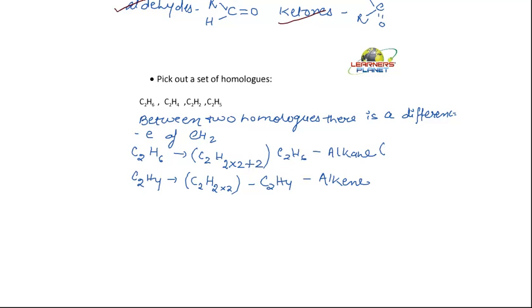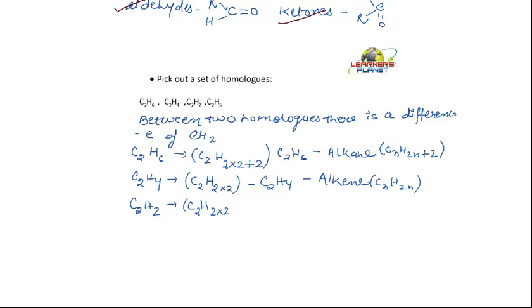The general formula of alkane is CnH2n plus 2. The general formula of alkene is CnH2n. And next is C2H2. What is the general formula here?